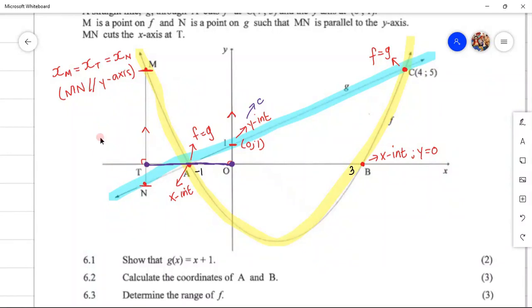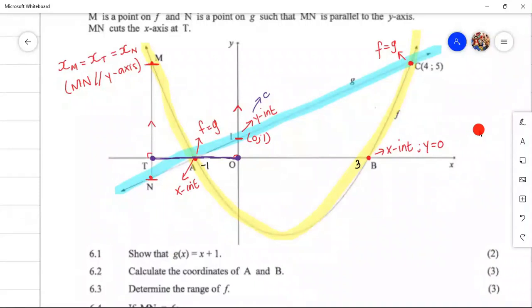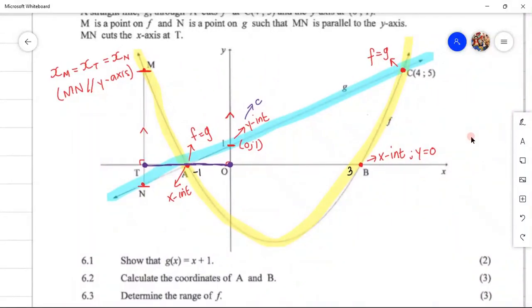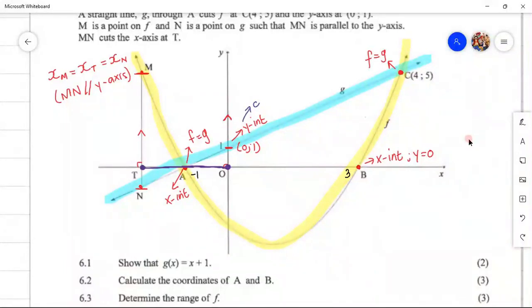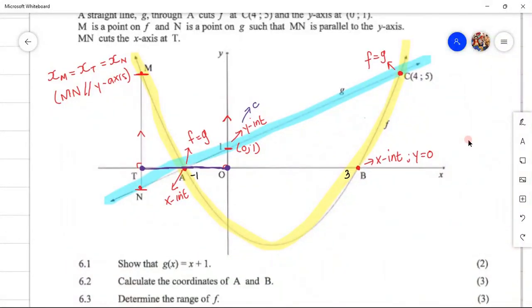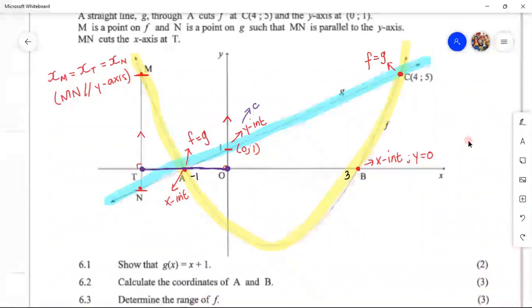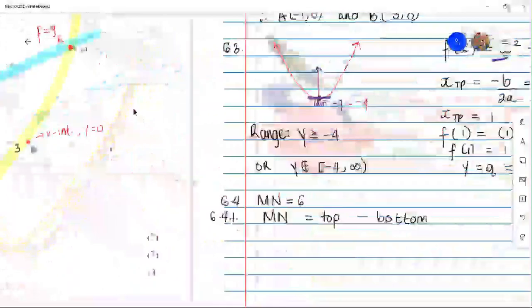So we now need to create an equation to find that displacement. So all we need to do is subtract the function at the top minus the function at the bottom, and that is going to give us our distance mn. So we know that our function on top is our function f, whereas our function at the bottom is our function n. So let's do that.